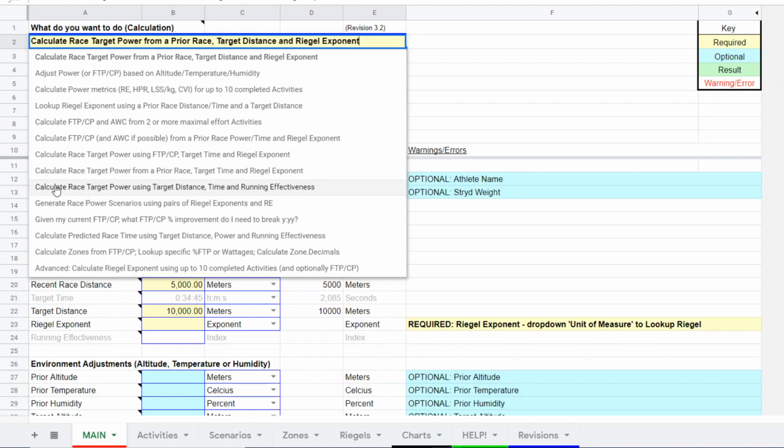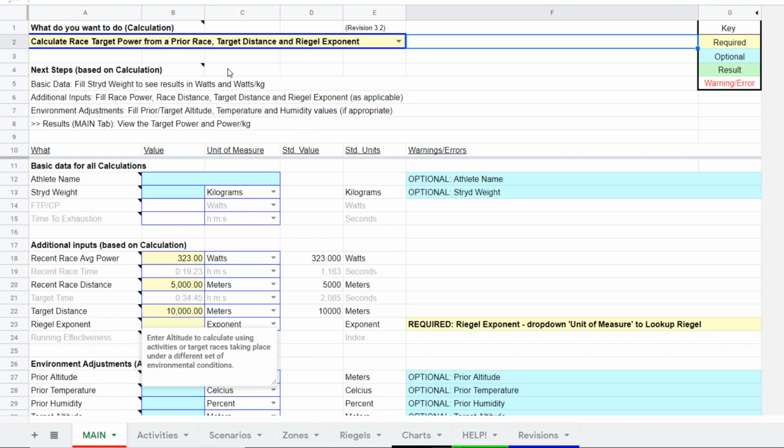Another method that's pretty easy is you calculate your target power using, up here, a prior race, the target distance and the Riegel exponent. So two ways. You're using your prior race data, power and duration, or power and distance, and you're targeting a new race, either estimated time or distance, and you need to have a Riegel exponent. So let's go through those, again two different methods.